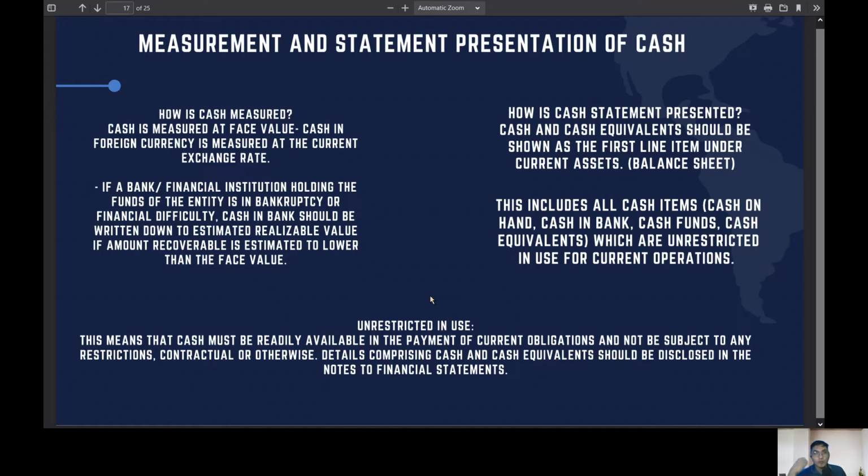Cash in bank ng isang kumpanya, kailangan mo siyang i-estimate sa recoverable amount na makukuha mo, yung insured value. Kasi hindi naman siya puwedeng ma-recover mo lahat ng naka-deposit sa bangko mo. So, if ever na yung financial institution or bank na pinag-depositan mo ng pera is in financial struggle, ang recoverable amount lang or yung insured amount ng deposit mo, ang kailangan mong ilagay sa cash in bank.